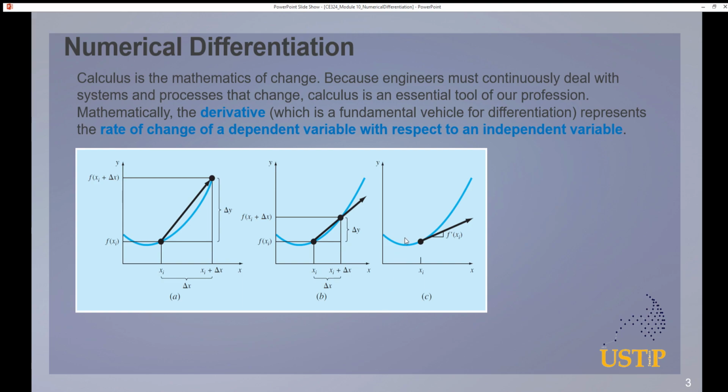The point located on the curve is right at xi. The x coordinate is xi, and the y coordinate is f(xi). If we extend this tangent line, it will have a corresponding slope, which is rise over run.